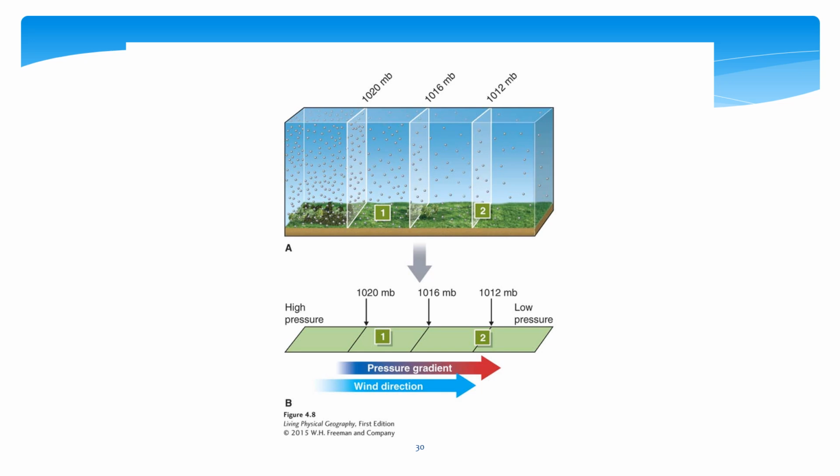It's taking longer for that pressure to go down because the wind's not moving very fast. There's a long distance to cover there. As those isobars get closer together, that means it's taking less distance to change pressure, so it's happening much more quickly.